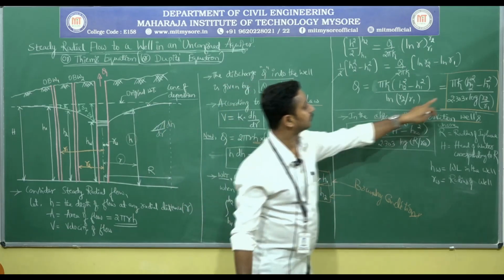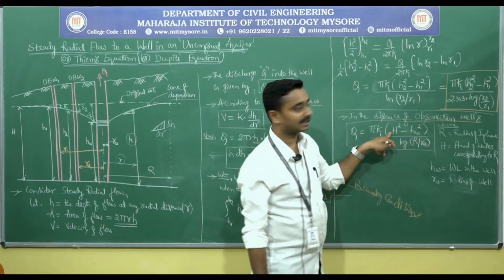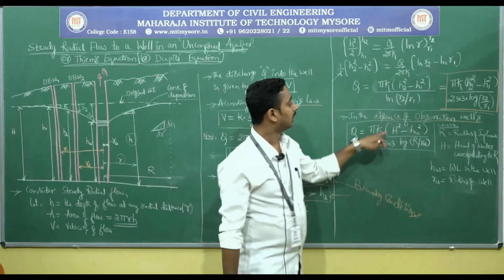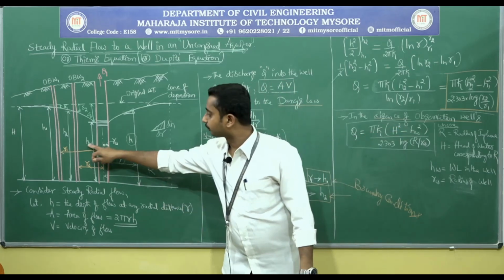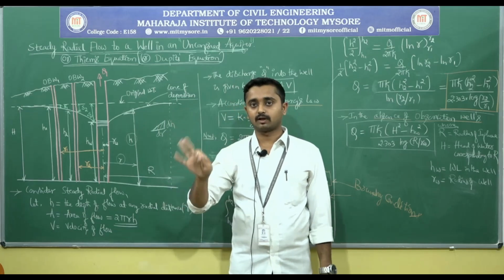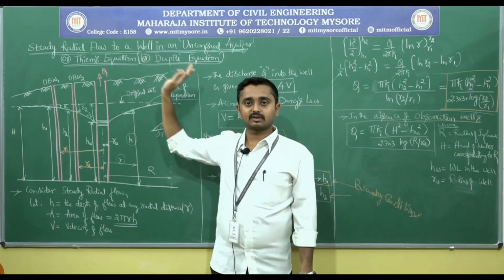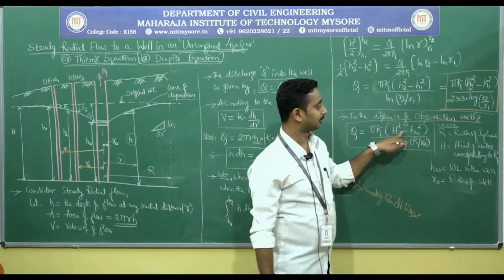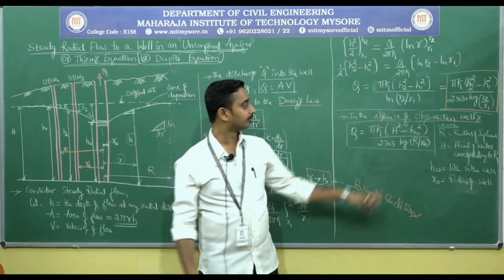So Q equals pi K, replace H2 by H, the total head of the water, H square minus H1, now nothing but Hw. Please remember, there is no observation well. This is the equation for steady radial flow in an unconfined aquifer. If there is no observation well, replace H2 by capital H and H1 by Hw.